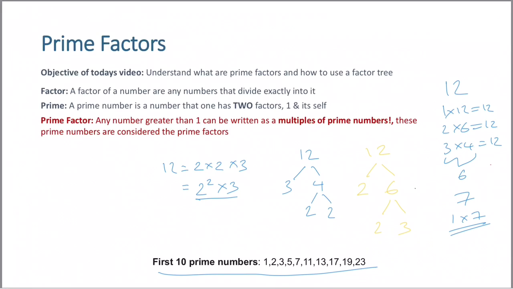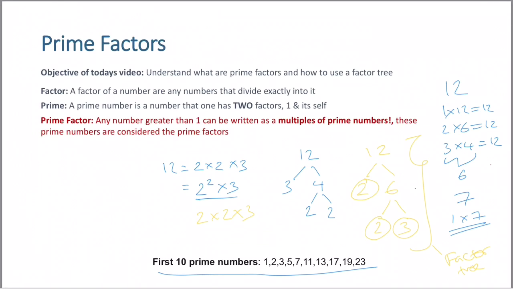And we can't break this down anymore, so we still get 2 times 2 times 3, the same set of numbers. Now this process here is called a factor tree, and in your exam when they ask you to find the prime factors of any number, you need to use a factor tree, and your prime numbers, you need to circle them.